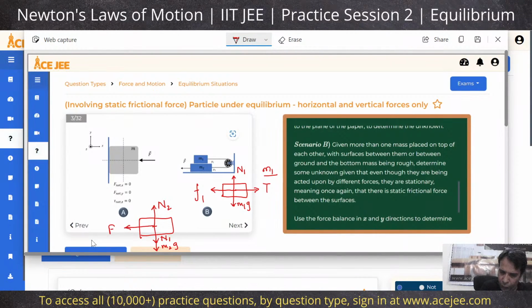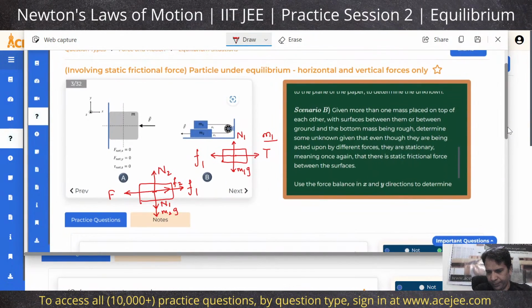This is the force F, and this is the force F1, and then there is another force F2, the frictional force between the ground and M2. Yes, Peter?